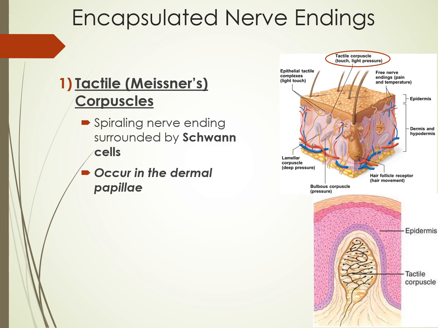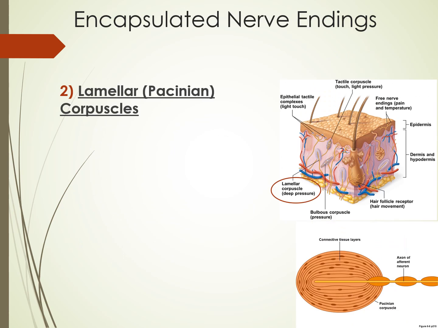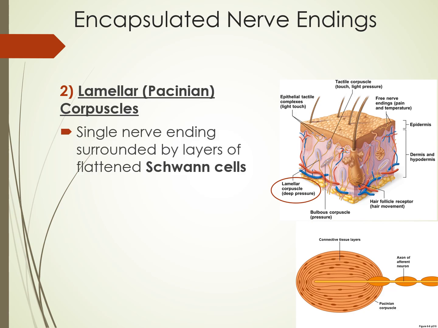So now we know what a Schwann cell is and a myelin sheath. They essentially have a myelin sheath wrapped around that nerve ending by those Schwann cells, okay? These guys are rapidly adapting and they pick up on that light pressure. So they're located in these very sensitive, hairless areas of the skin.